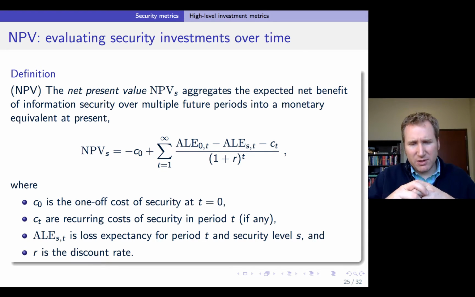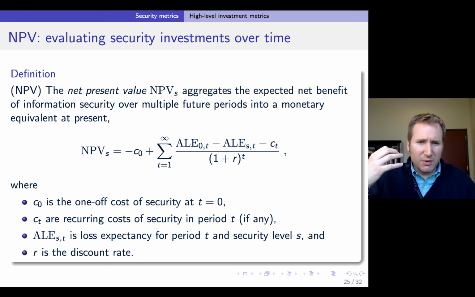So the net present value, again, is a standard measure used in finance, but we're tweaking it for our special case in security. The net present value aggregates expected net benefit of information security over lots of periods into the future, and based on a discount rate that you provide, comes up with what the value of security is today. It's given by this equation here, where you start with C0, which is your one-off cost of how much you spend on security at time 0, plus the sum of expected net benefit divided by (1 plus r) to the t.